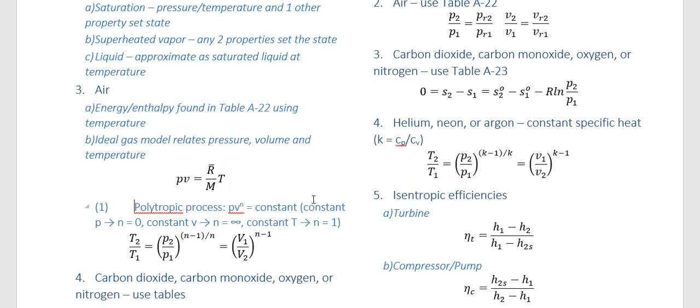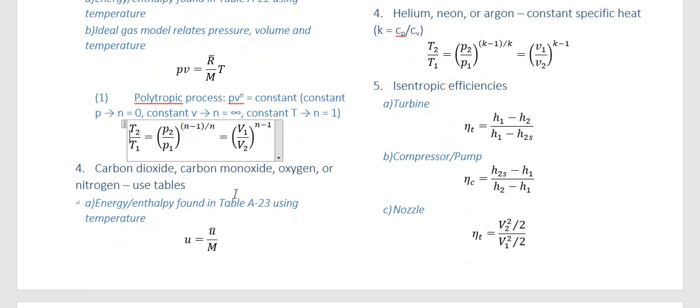This is the last section in chapter 3, where if you have constant pressure, N is 0, constant volume, N is infinity, constant temperature, N equals 1, and you can have this relationship to help find between pressure, temperature, volume, that sort of thing. So again, remember that section. It's a very helpful section, this idea of polytropic and what N is for different values.